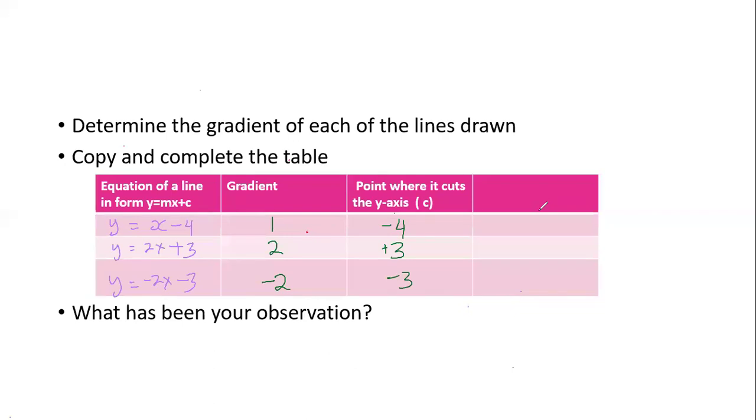Now, I want you to make a good observation between the equation of a line, the gradient, and a point, and you make a conclusion. You can first type in the chat. I want you to observe very well. What kind of relation are you noticing? Let us first use the chat before we get someone to tell us.